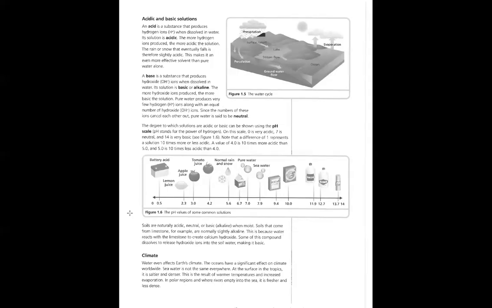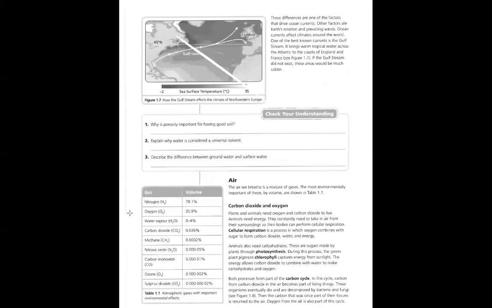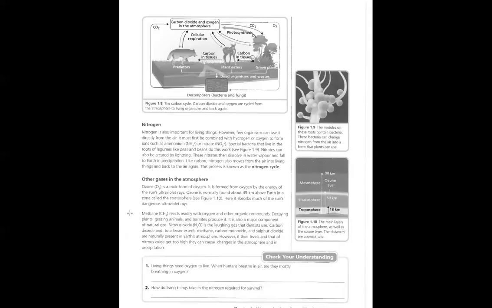So you should know when something's an acid and when something's a base, and what alkalinity, neutral, and all those terms mean. We also talked about air, and we looked at what makes up the majority of air, and that's in that section. And we also talked about what the different cycles are.